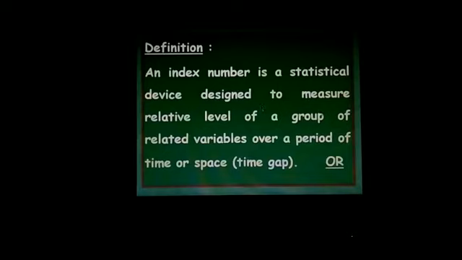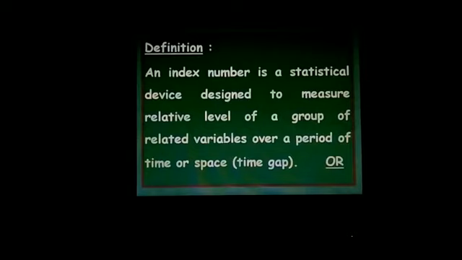It will measure the relative level of... what is the relative level? The example I have taken is on the basis of price. The relative level of price from the year 2015 to 2020. What relative change has taken place, that I have considered in my example.